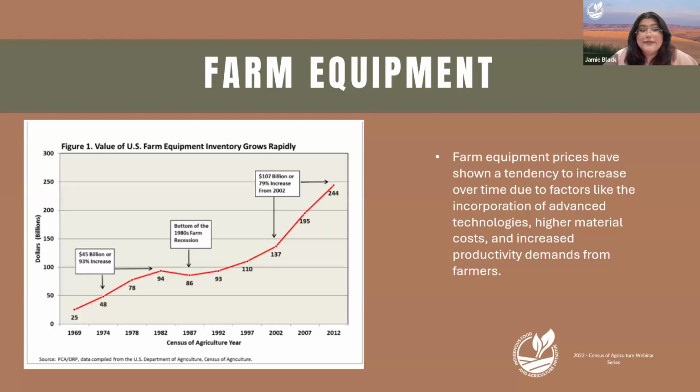Historically, farm prices have shown the tendency to increase over time. A lot of that has to do with the fact that a tractor nowadays is going to be a lot more high tech, a lot fancier, and that's going to cost more. The materials are going to cost more, and it also increases productivity, and that is a big demand for farmers as well.